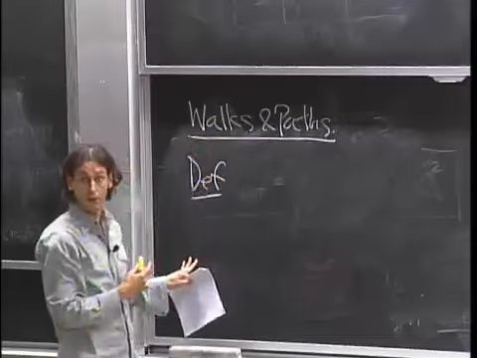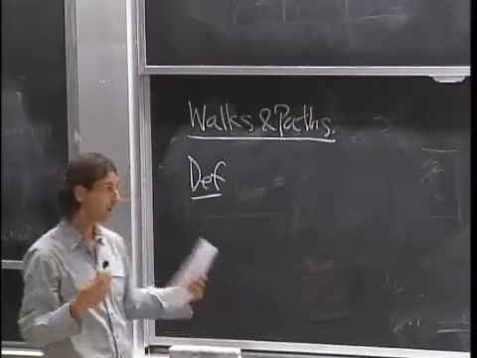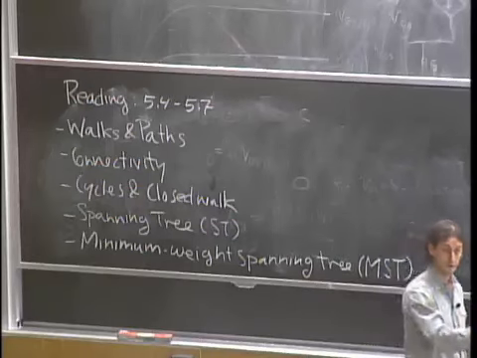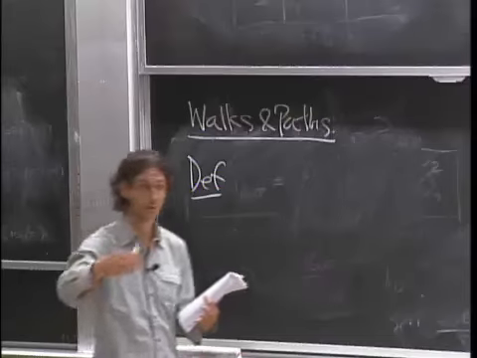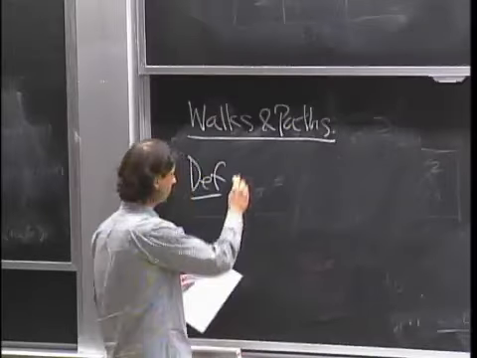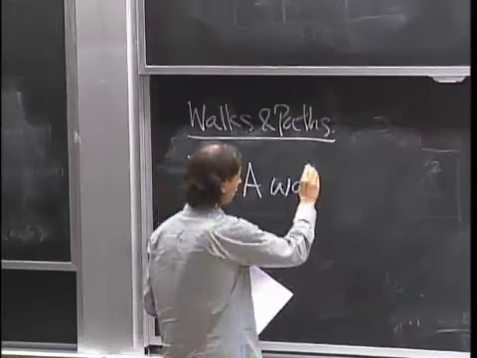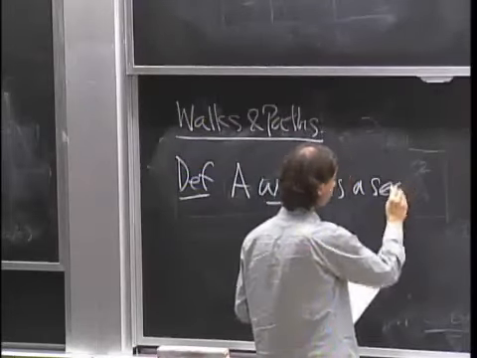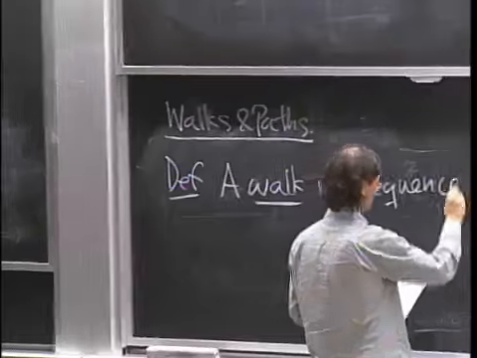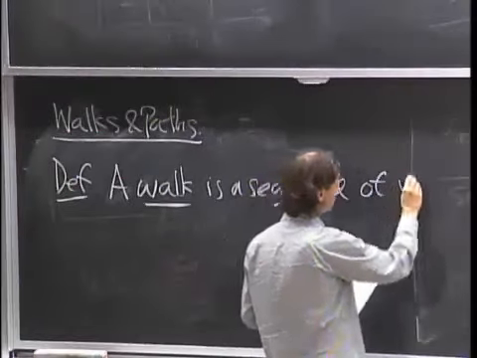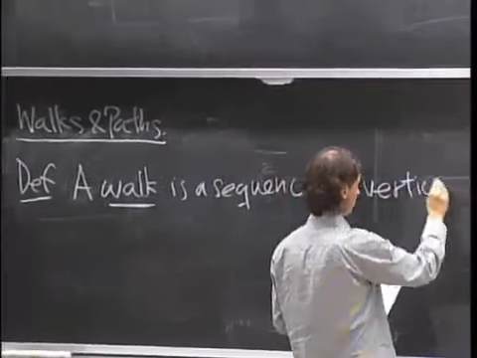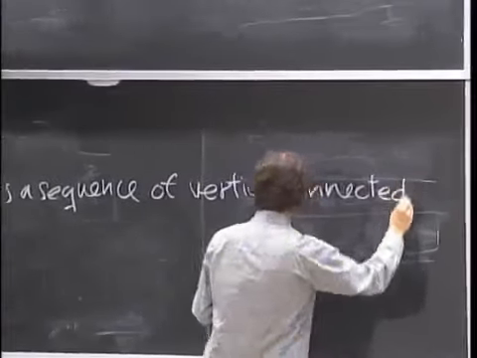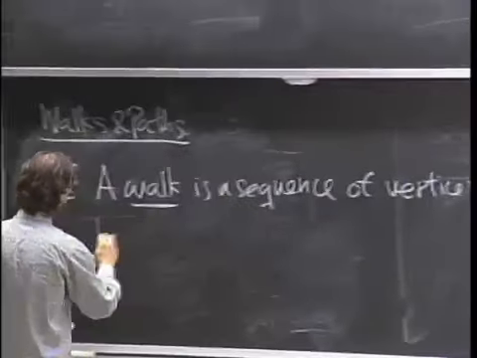How do we define a walk? Well, a walk is something very simple. You walk from one vertex in the graph over an edge to a next vertex, and so on. So how do we define this? A walk is a sequence of vertices that are connected by edges.